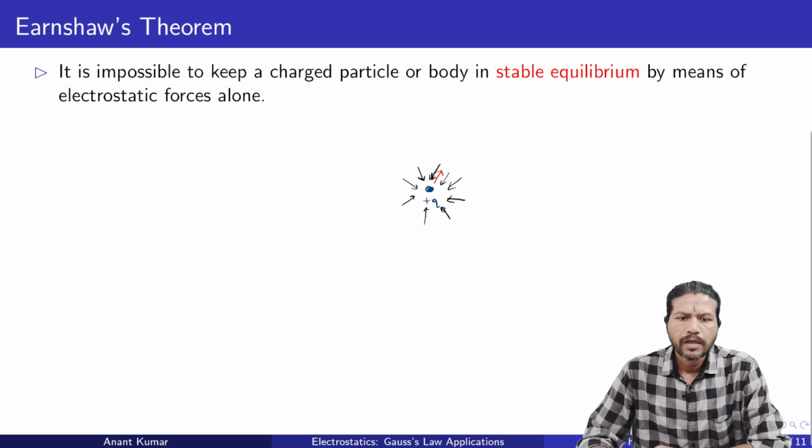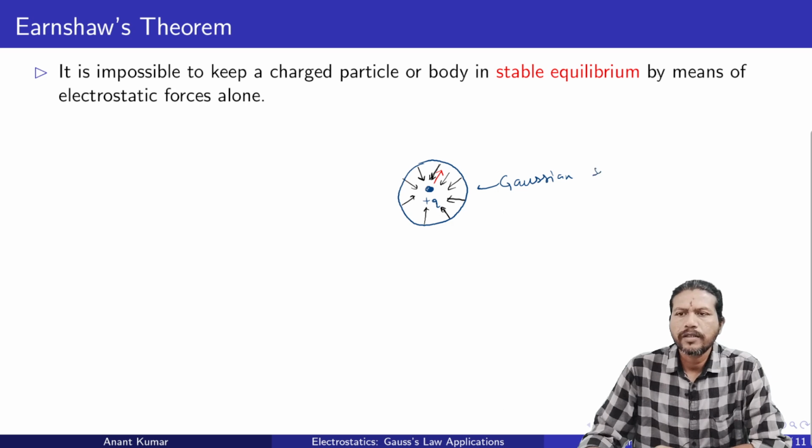But that means what? If I consider a Gaussian surface which surrounds this point charge q, and compute the flux through this Gaussian surface, then I find that the flux is negative.